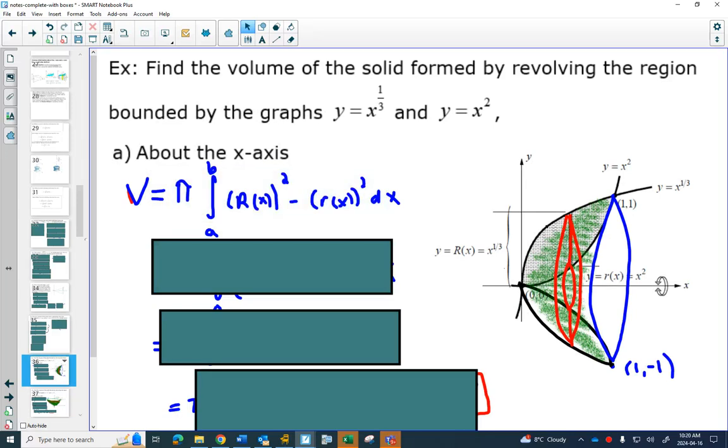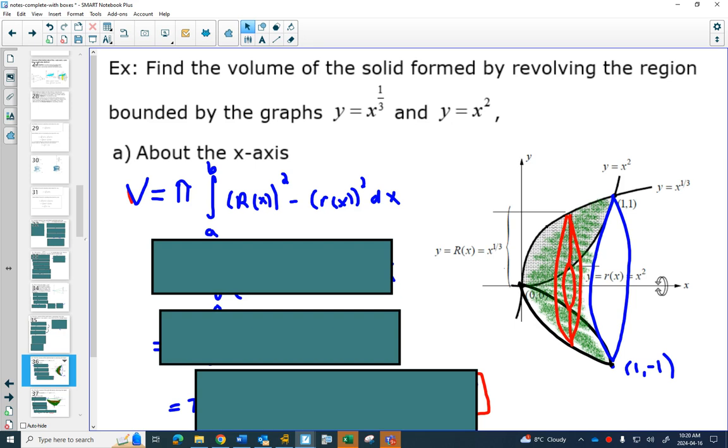So what I'm going to do with the washer method here is use the bigger radius minus the smaller radius, because we want the bigger circle minus the smaller circle. You know the area of a circle is pi r squared. The pi is pulled out because it's a constant in both of them. But here's my bigger radius squared minus my smaller radius squared.